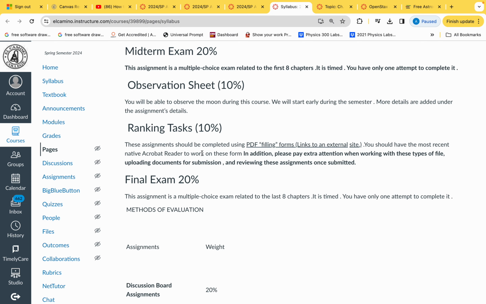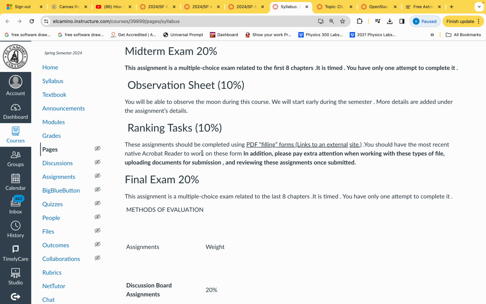Now, ranking tasks are considered to be one of the most difficult or challenging tasks that we have in this class. We're also going to talk about them. Ranking means I'm going to put things in order of increasing or decreasing, but they are based on very important concepts in astronomy.